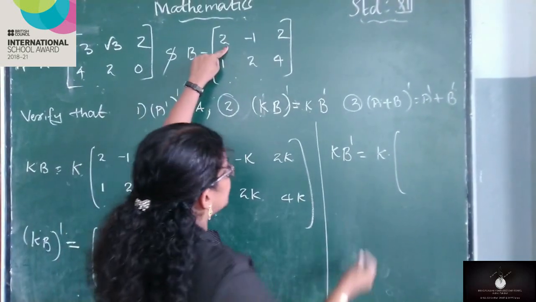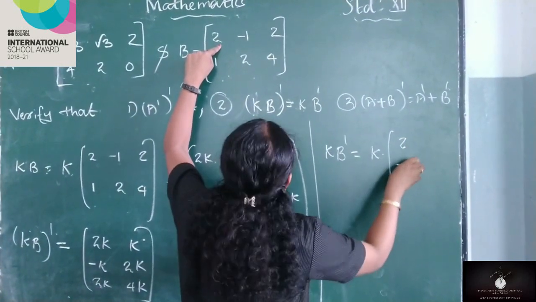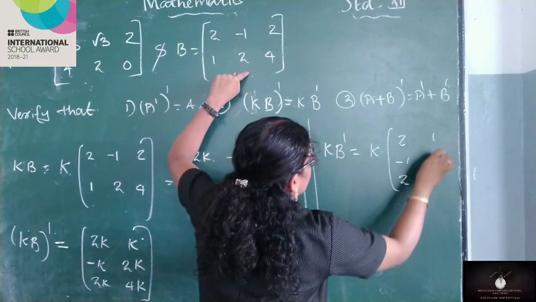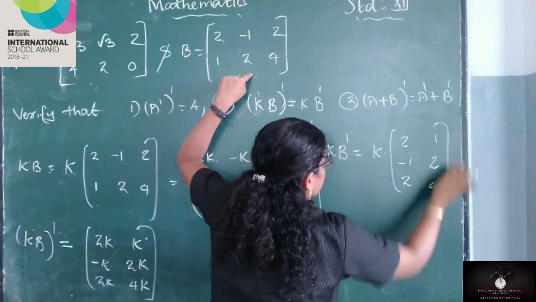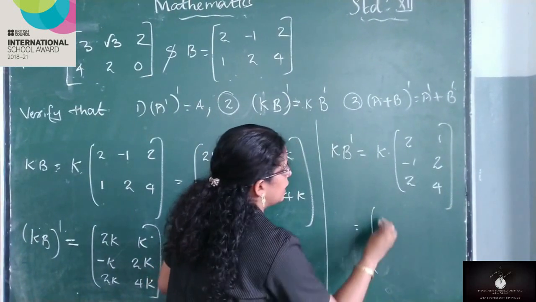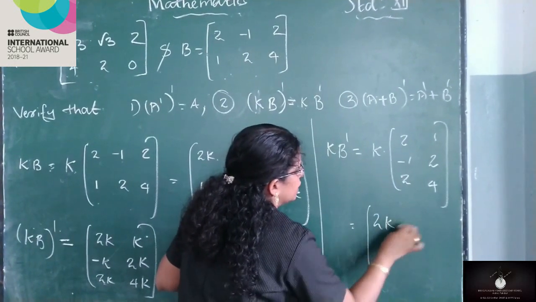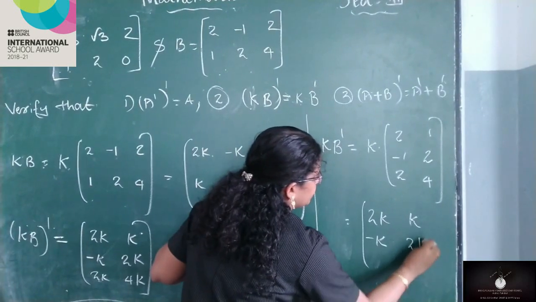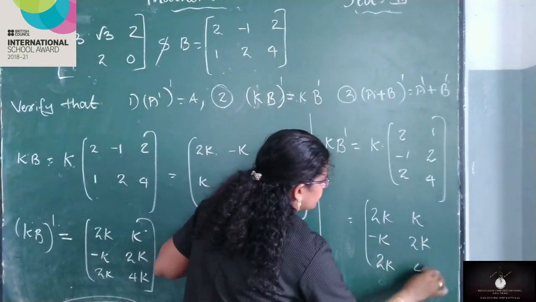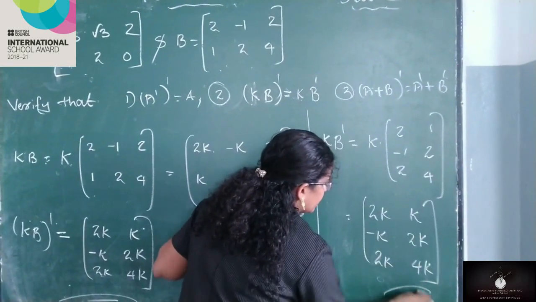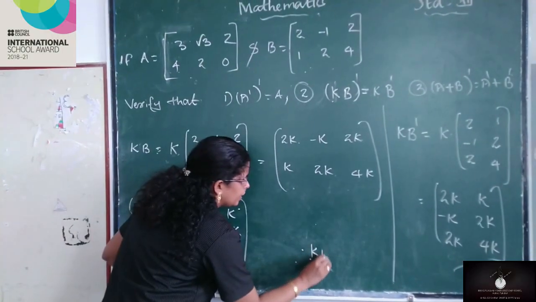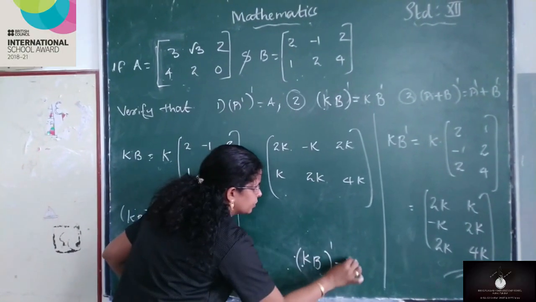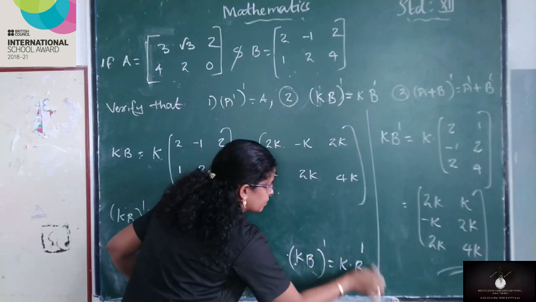B transpose means 2, 1, minus 1, 2, 2, 4. So k into B transpose is k into 2, 2k, 1 into k, k, minus 1 into k, minus k, then 2k and 4k. So kB whole transpose equals k into B transpose.